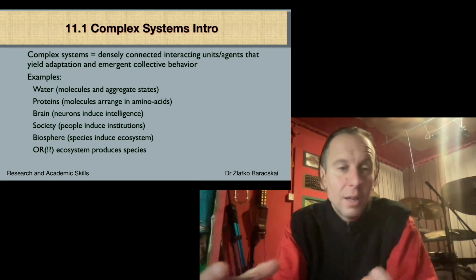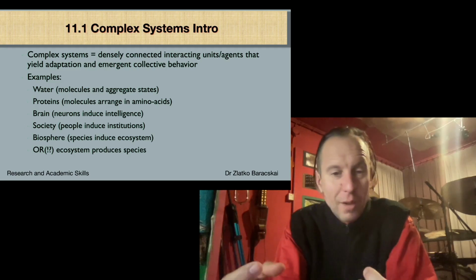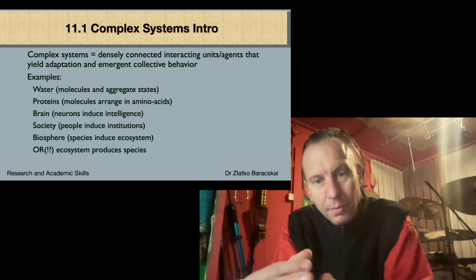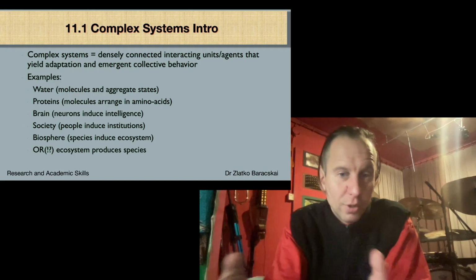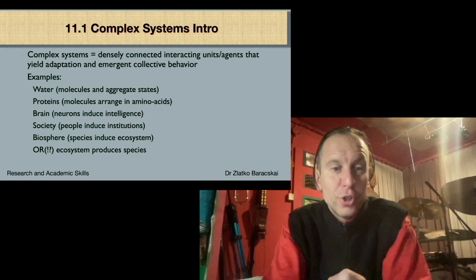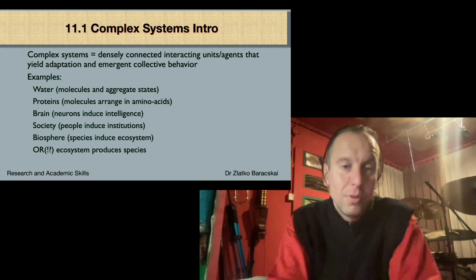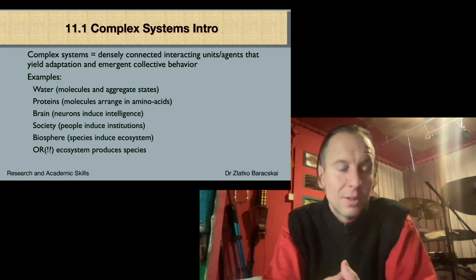But in any case, typically in the brain as well, you have a higher level phenomenon, which is awareness, which can actually control lower level activities.